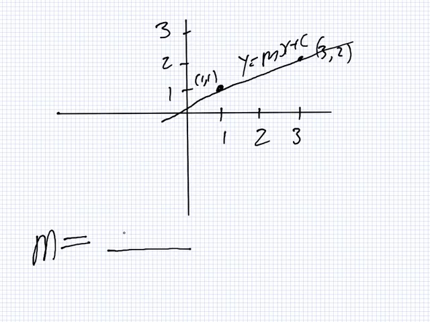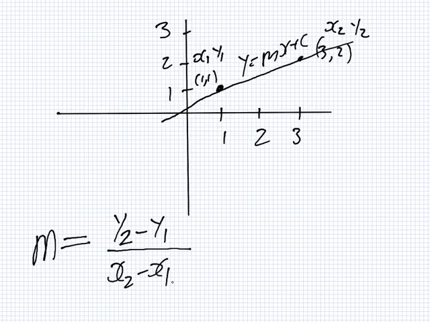What do you think it is? No, not this. If I call this one x1, y1, x2, y2, what's the formula? y2 minus y1 over x2 minus x1.